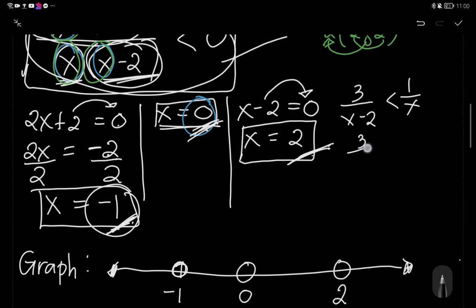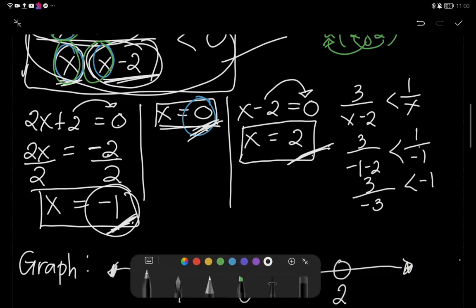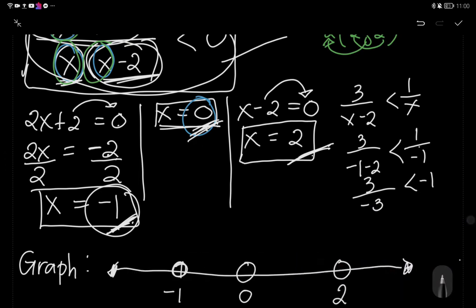So, 3 over negative 1 minus 2 is less than 1 over negative 1. 1 over negative 1 is negative 1. 3 over negative 3 is negative 1. Negative 1 is less than negative 1.